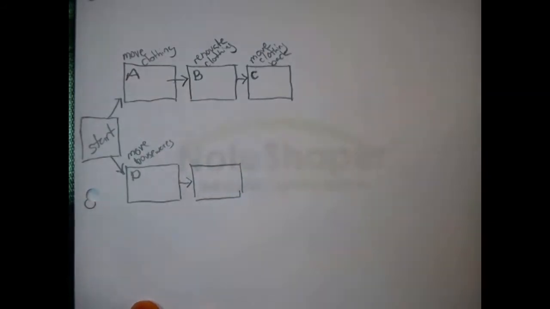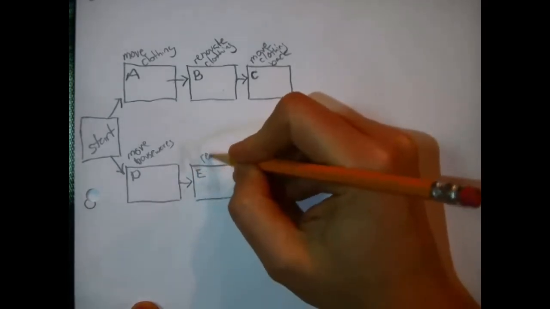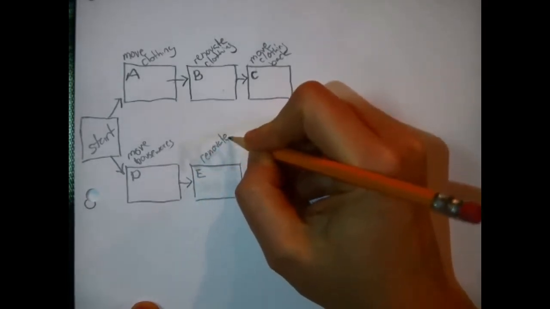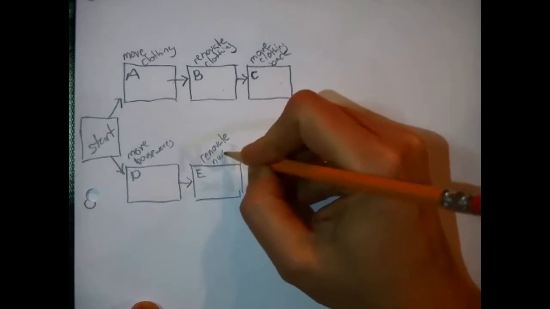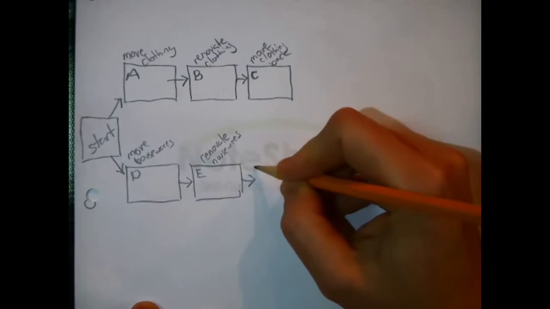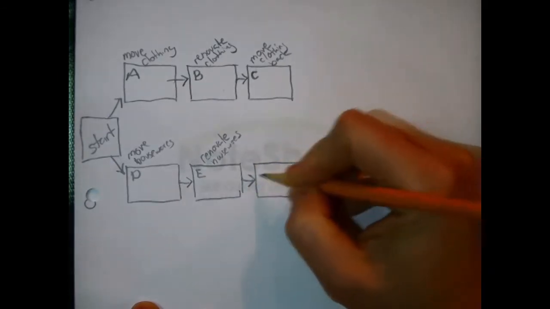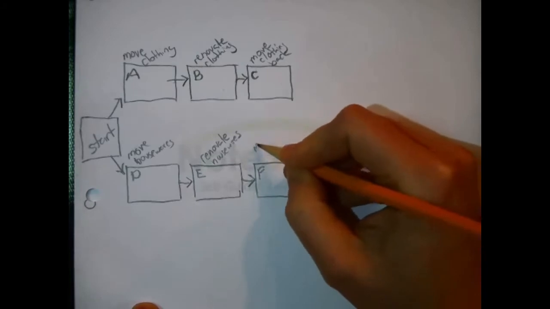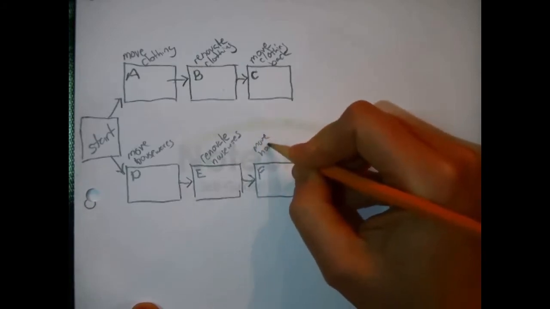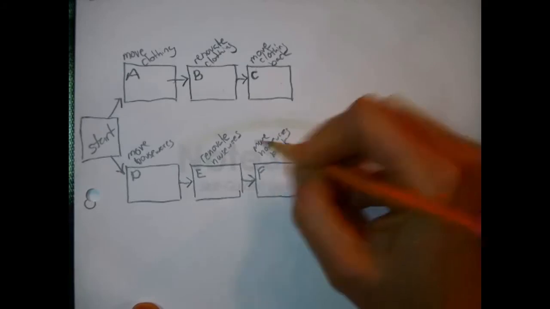So E, renovate housewares, and then F, note to myself, move housewares back.